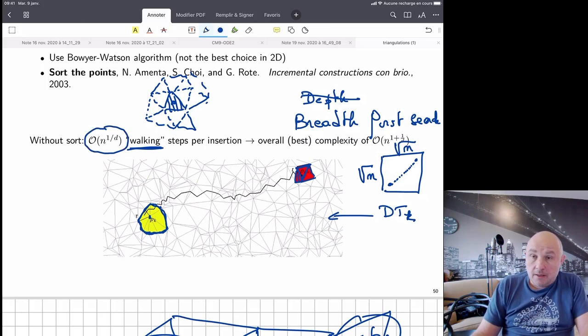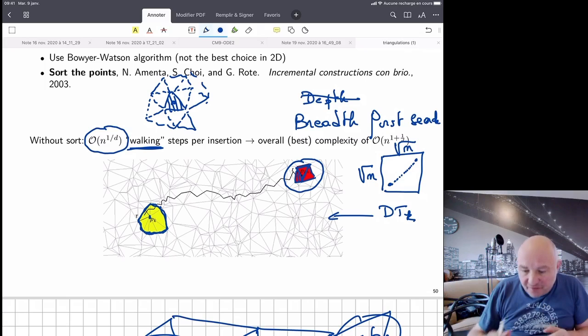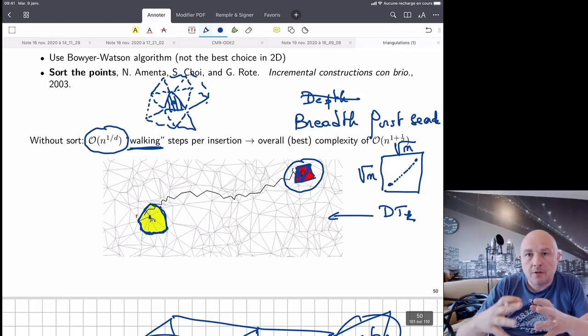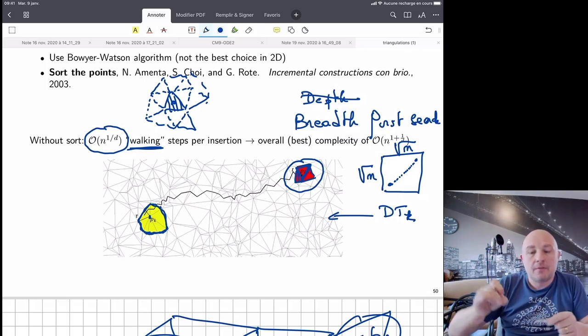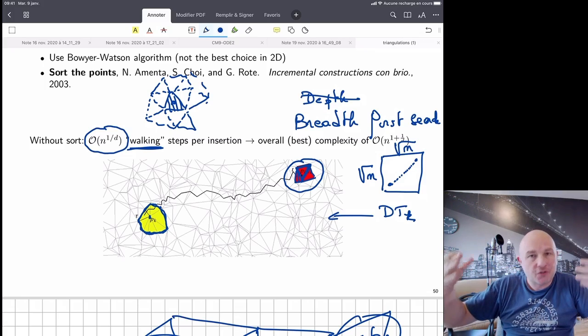So if you assume that the size of a cavity is pretty much constant, which is the case, in 2D, I'll show you, it's pretty much constant anytime you have a point. So when you have found the triangle where lies the new point, creating the cavity, the number of operations is constant.